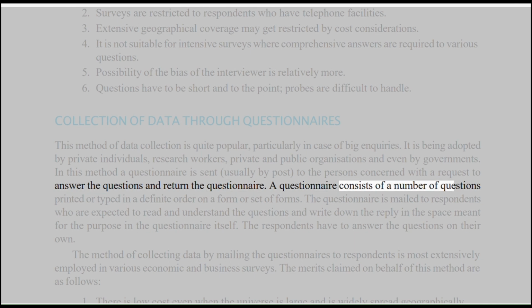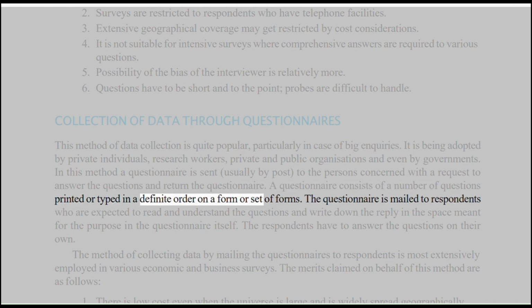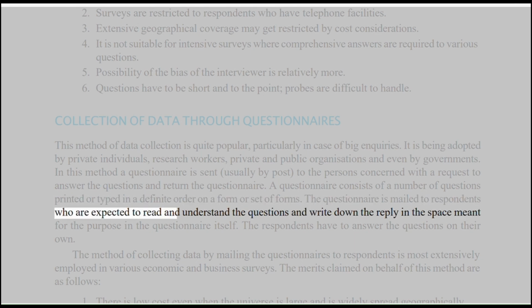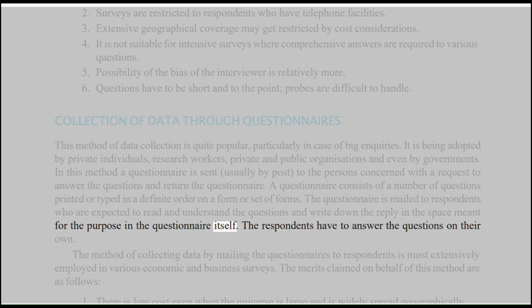A questionnaire consists of a number of questions printed or typed in a definite order on a form or set of forms. The questionnaire is mailed to respondents who are expected to read and understand the questions and write down the reply in the space meant for the purpose in the questionnaire itself. The respondents have to answer the questions on their own.